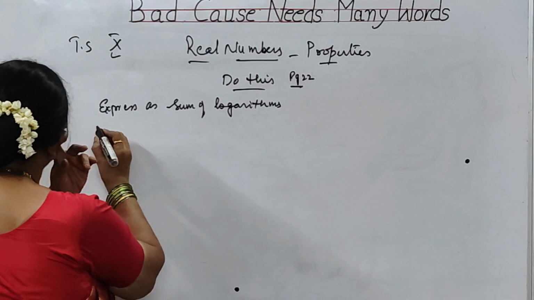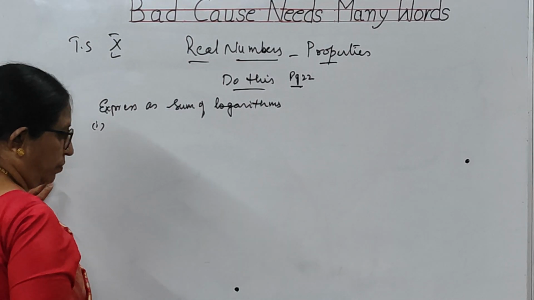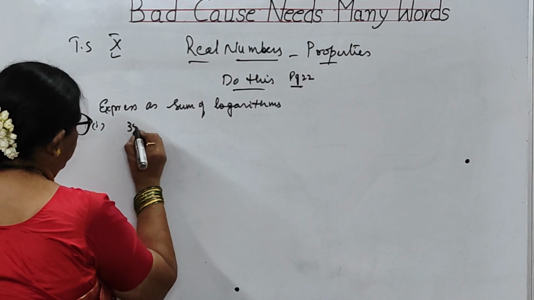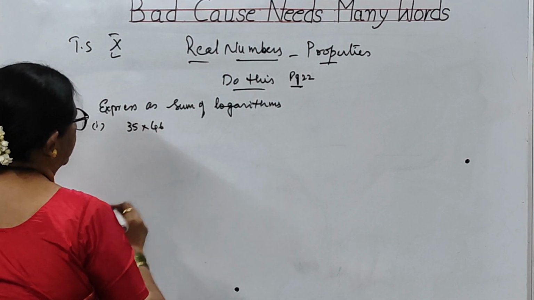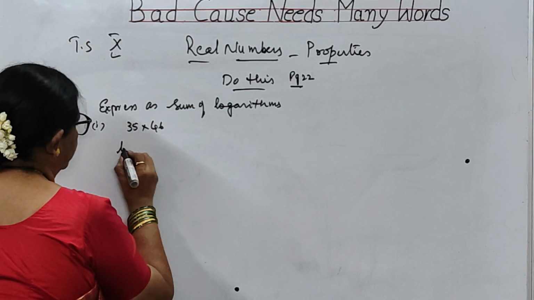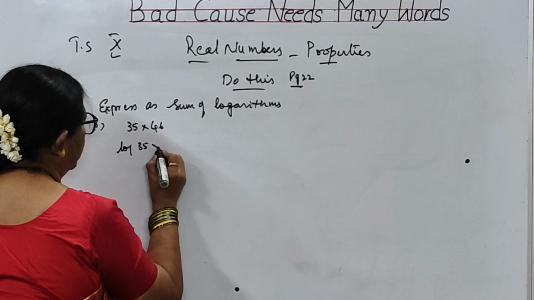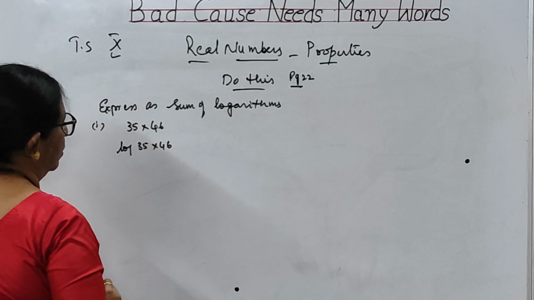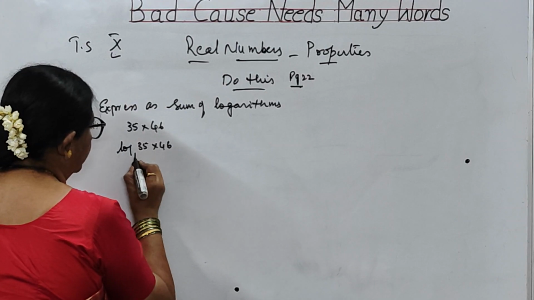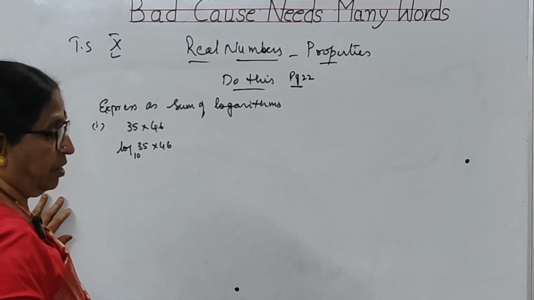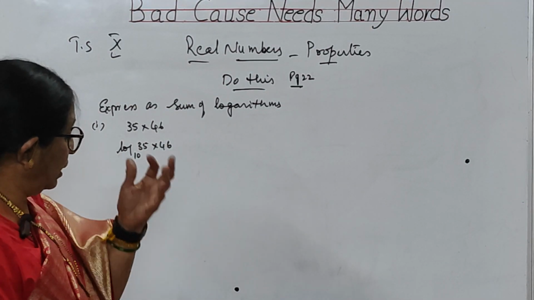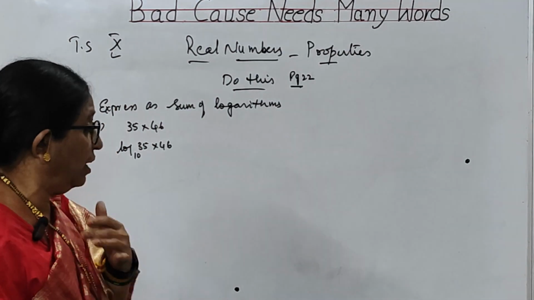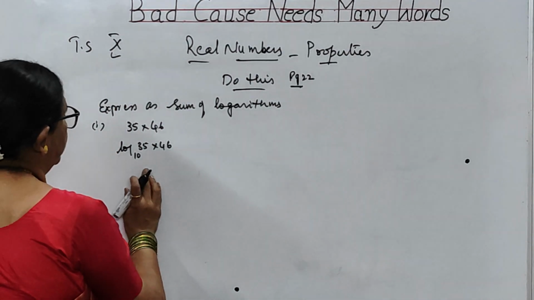So first bit, what is given to you? 35 into 46. Let us take this as log 35 into 46. Actually, when numbers are there, you have to write it as base 10. If you have letters, variables, we will write a. If you have numbers, we will write base 10.